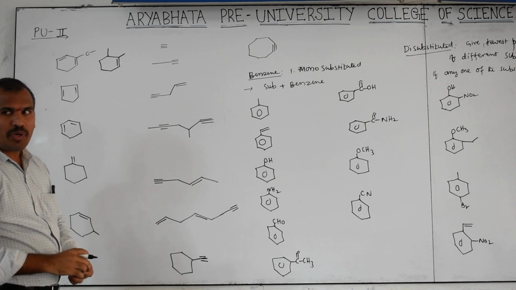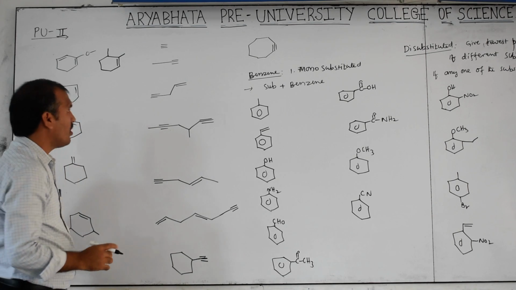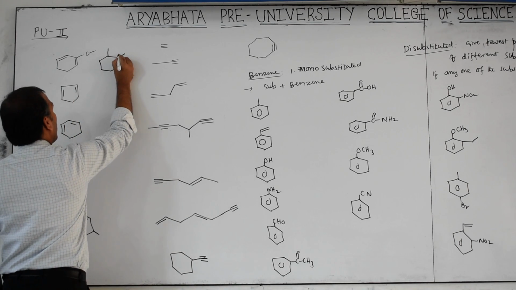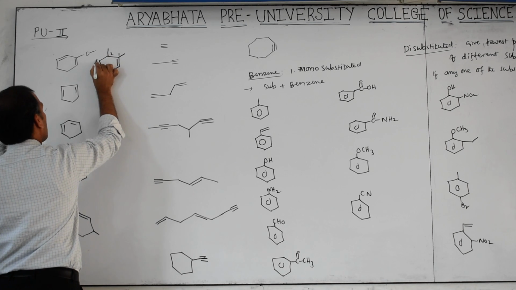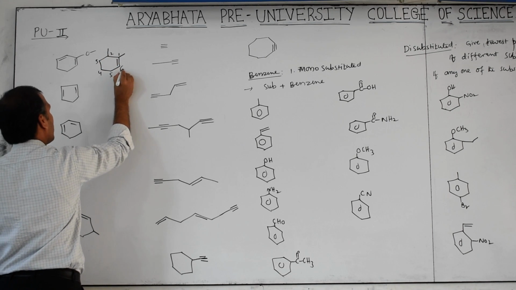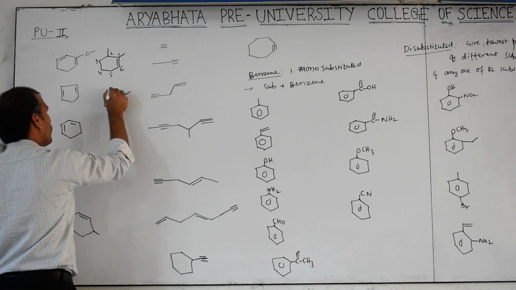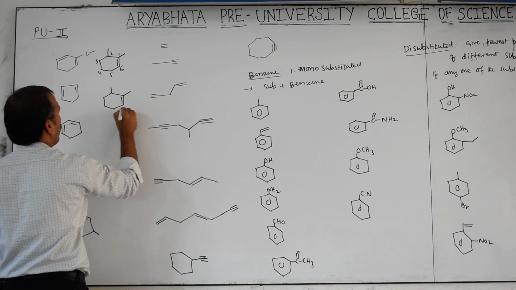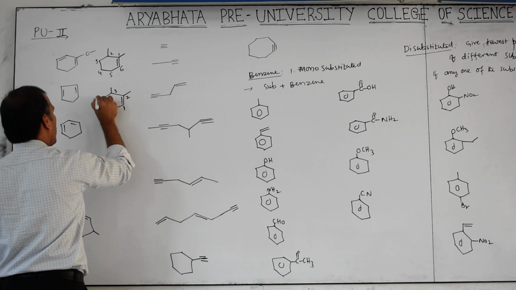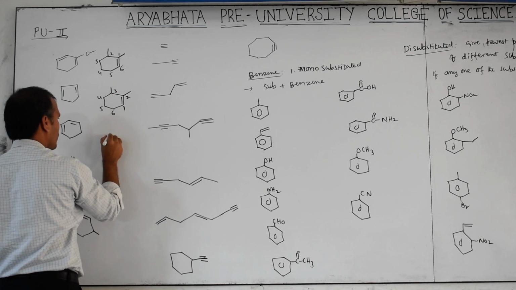How many types of numbering are there? 1, 2, 3, 4, 5, 6. Another numbering, 1, 2, 3, 4, 5, 6.